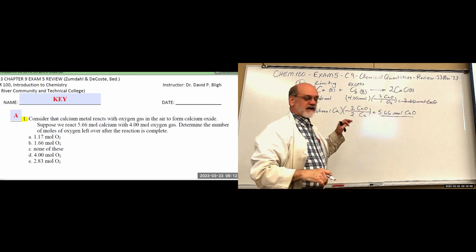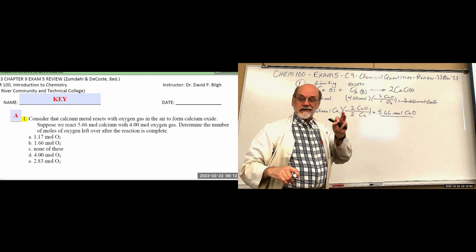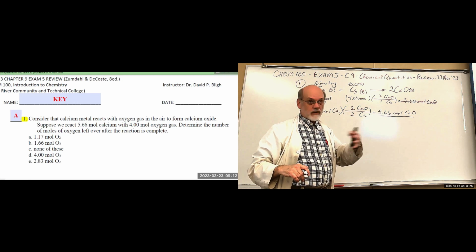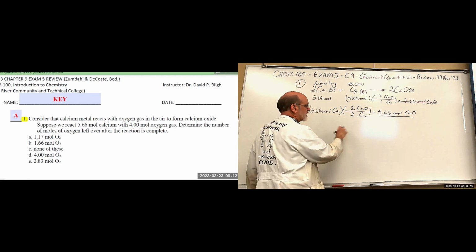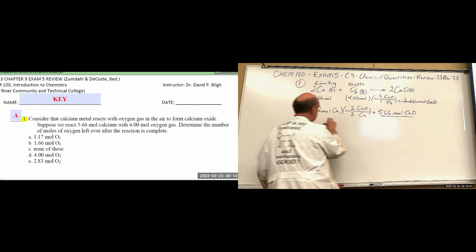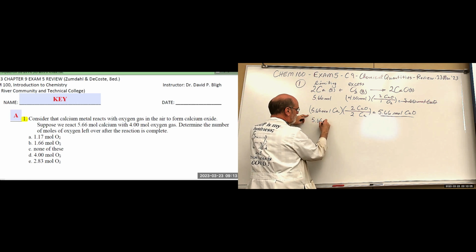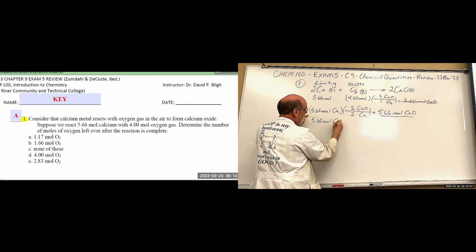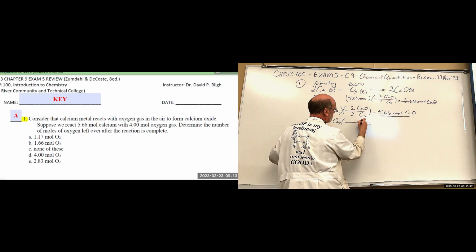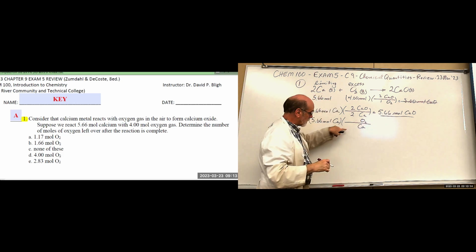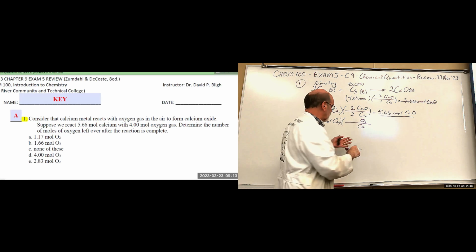Well, the question is, how much oxygen was required? Since oxygen is excess, we're not going to use all of it. So how much of it did we use? The easiest way to do that is say, okay, if we're going to use all of this, how much oxygen? Right? So you're going to convert calcium into oxygen, mathematically speaking.